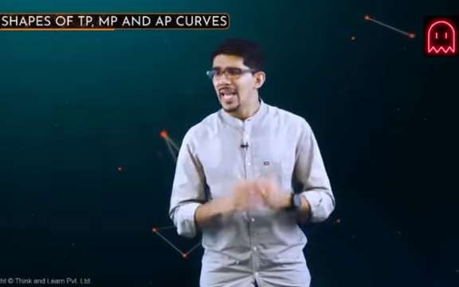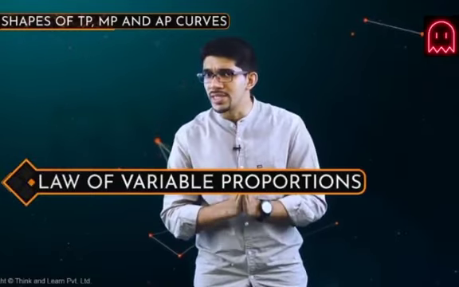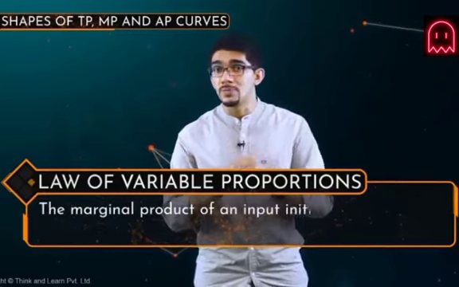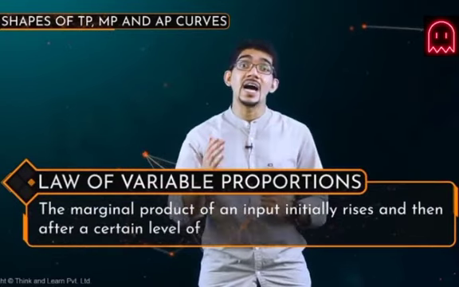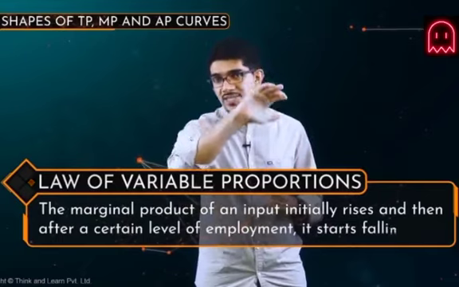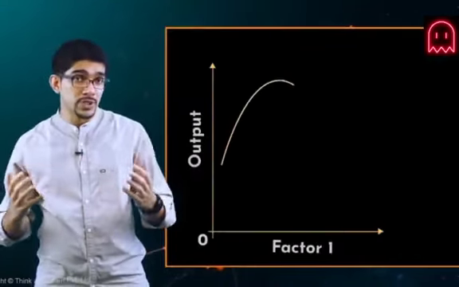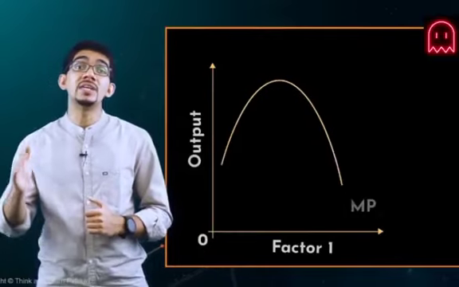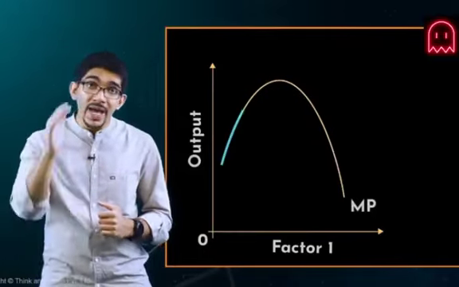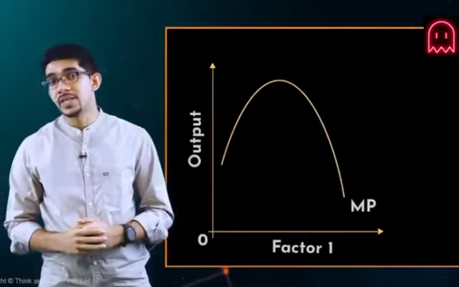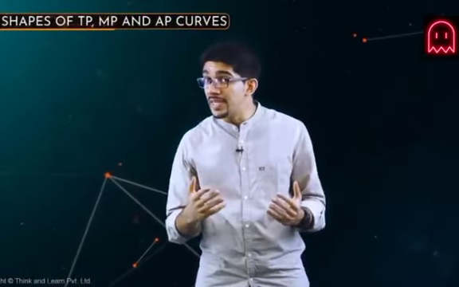According to the law of variable proportions, the marginal product of an input initially rises and then after a certain level of employment, it starts falling, right? This means that the MP curve in the input-output plane looks like an inverted U-shaped curve, going up and coming down again. Now let's see what the AP curve looks like.